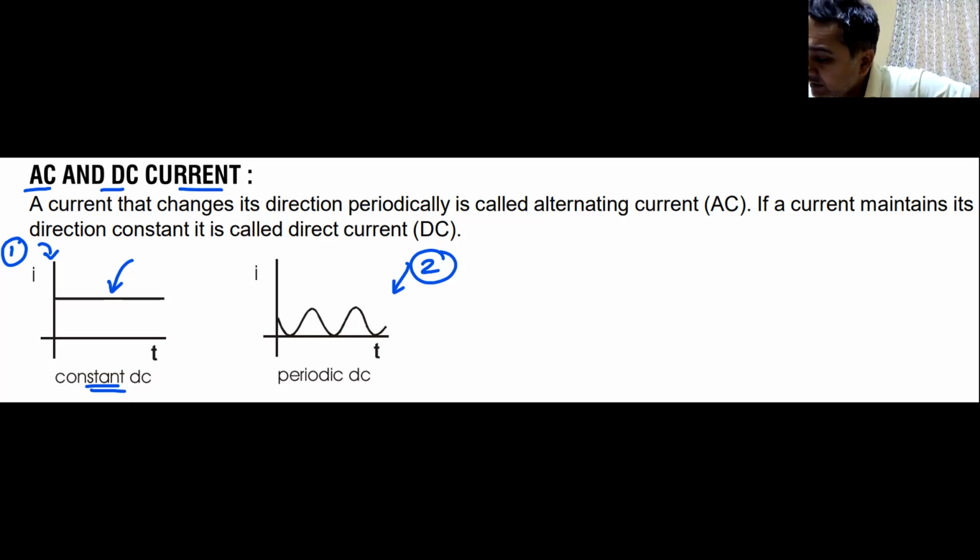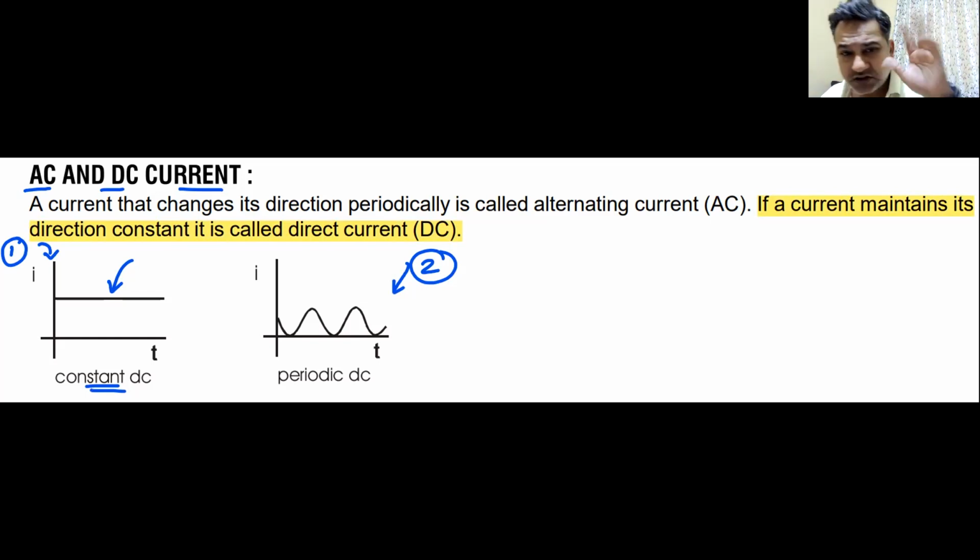Do you understand the meaning of the term direction of the current is constant? That means the current always flows in the same direction. It is going from A to B like this. It will always keep on going from A to B. It will never come from B to A unless and until we change the circuit.